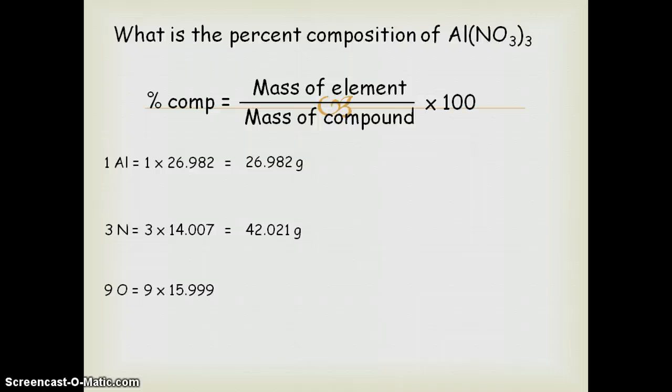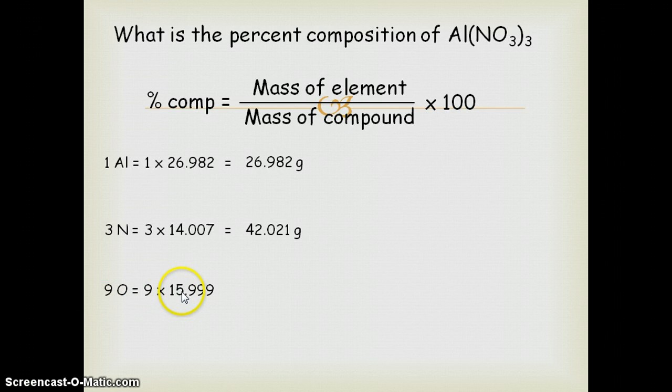And if you're wondering where the hell did 9 oxygens come from, come up here and take a look. You see that we have our NO3 nitrate. Again, we have 3 nitrates. So if you have this oxygen 3 times 3 is going to give us 9 total oxygens.